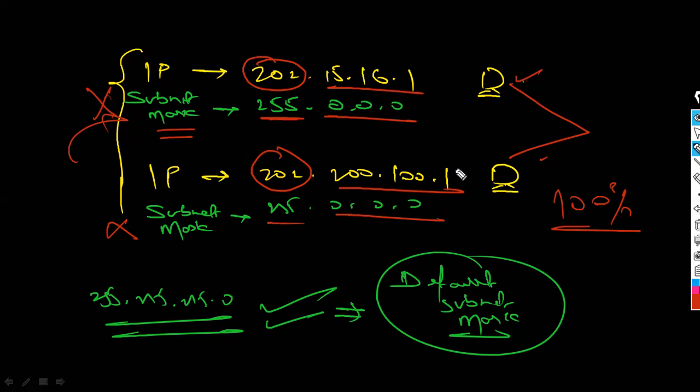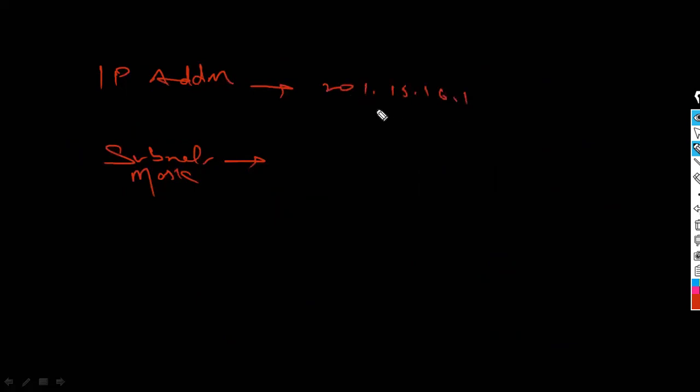So what I want to conclude from the very first slide is that both IP address and subnet mask are important in IP configuration, right? Whatever IP we write down here, without the subnet mask it is not of any use.